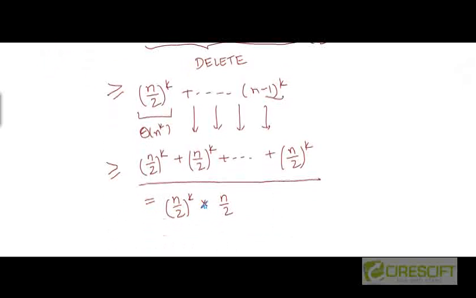So approximately this is going to be n by 2 to the power k times n by 2, and that's going to be n to the power k plus 1 divided by 2 to the power k plus 1.